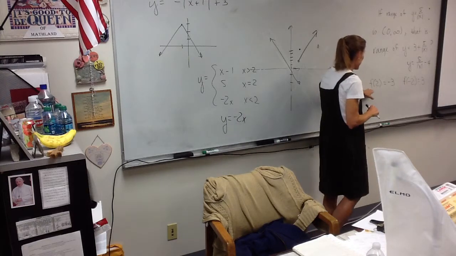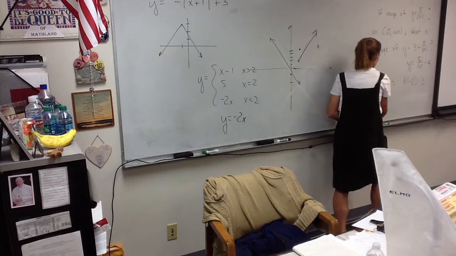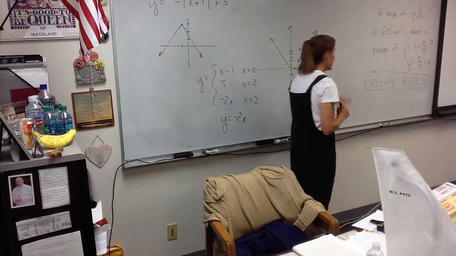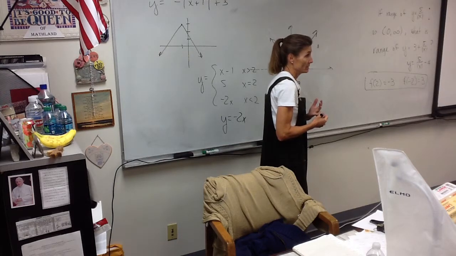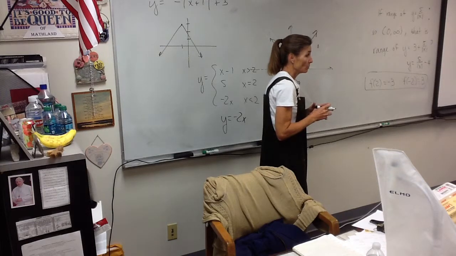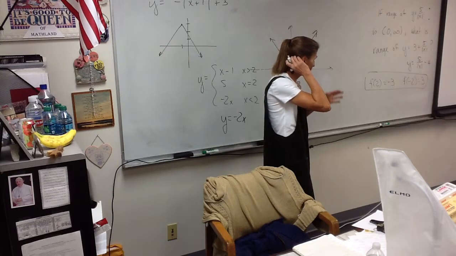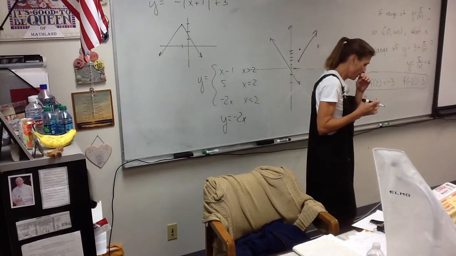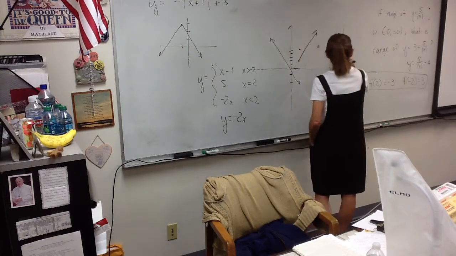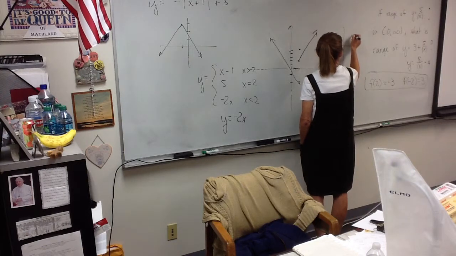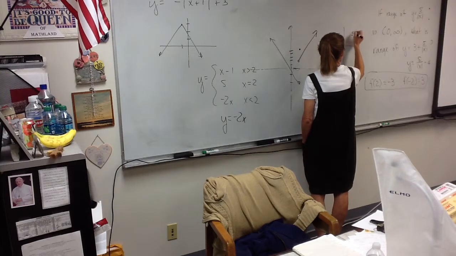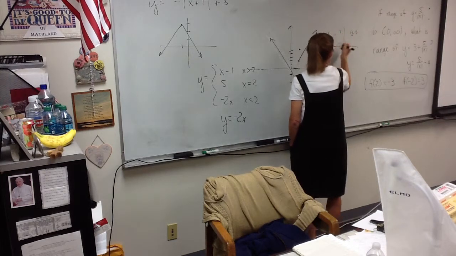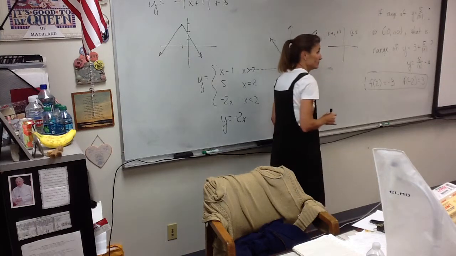Okay. Then this question said, this was the given. And it said, would you classify that function as even, odd, or neither, and explain? Okay, so we need to stop and think about what even means. When the function's even, it means it has what? Symmetry over the y-axis. So I just want you to think about that for a second. Symmetry over the y-axis means that if the point (4, 1) is on the curve, then so is what point? (-4, 1).